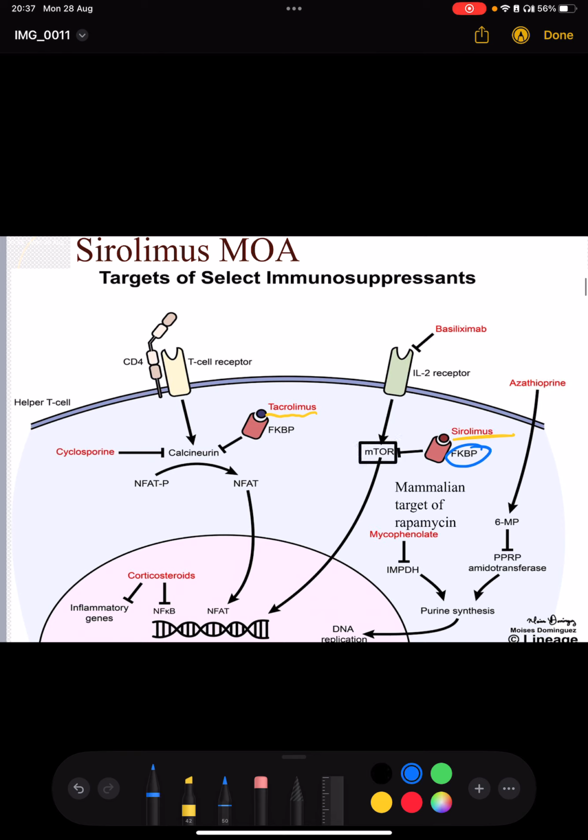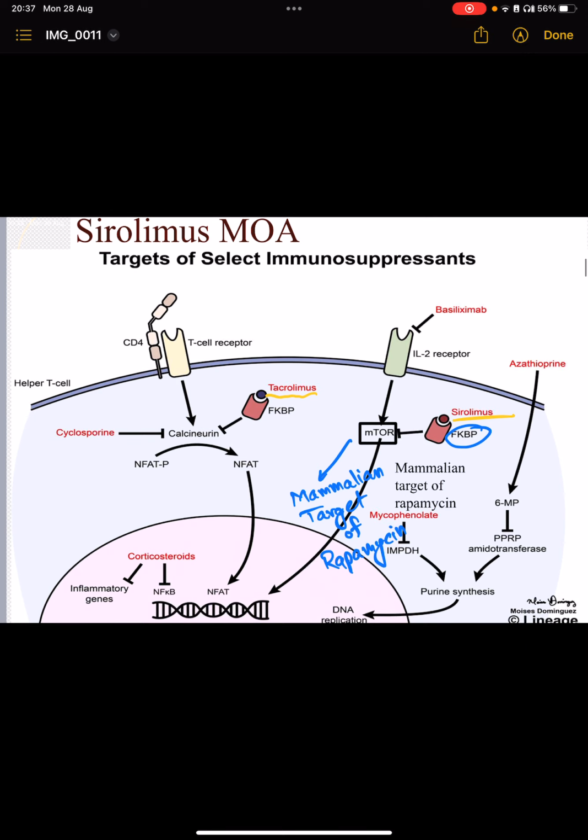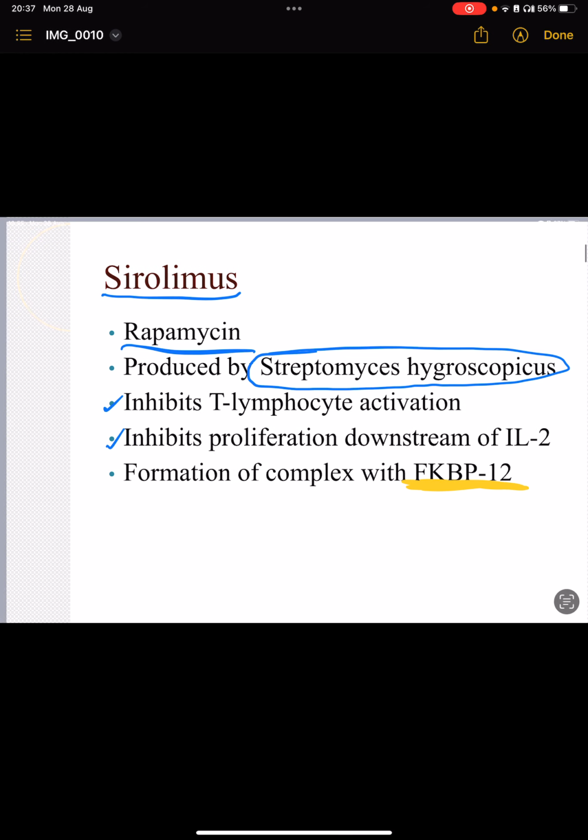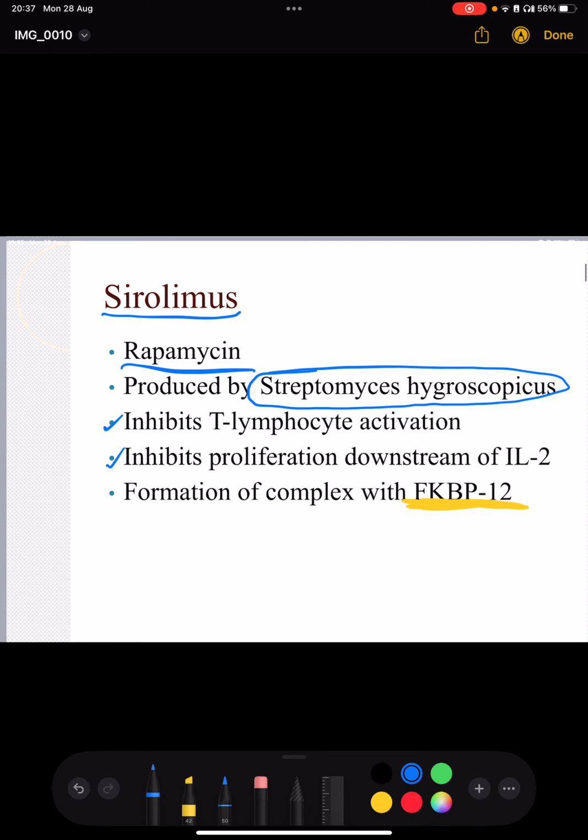mTOR is actually an acronym for mammalian target of rapamycin. Rapamycin, you will recall, is just another name for sirolimus.